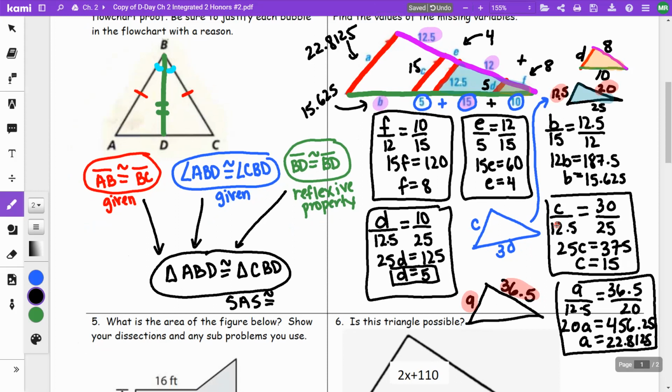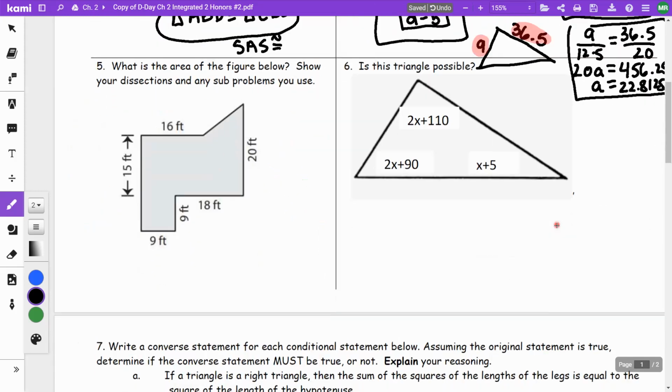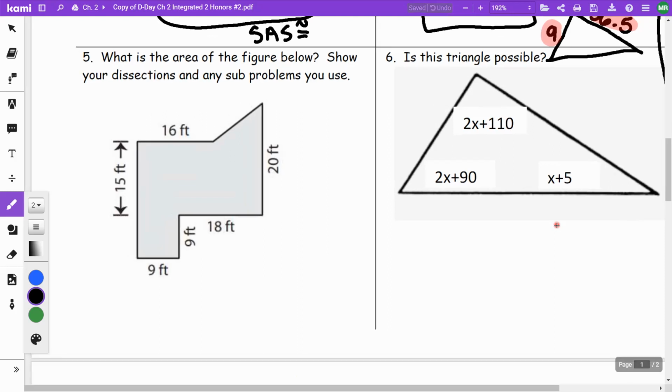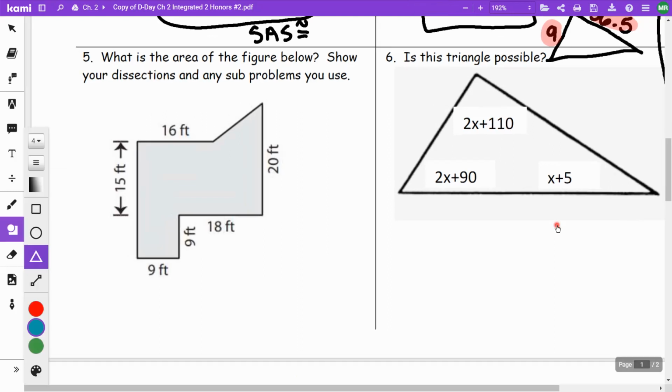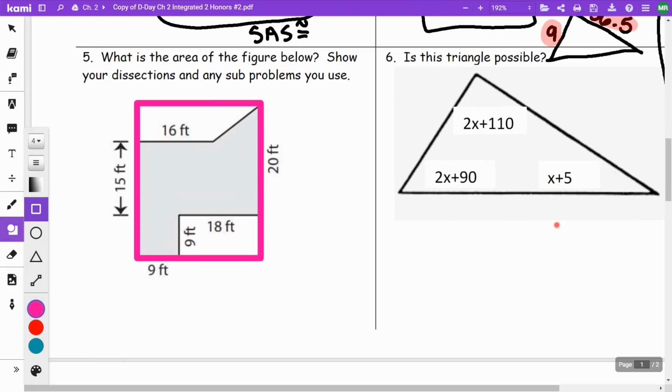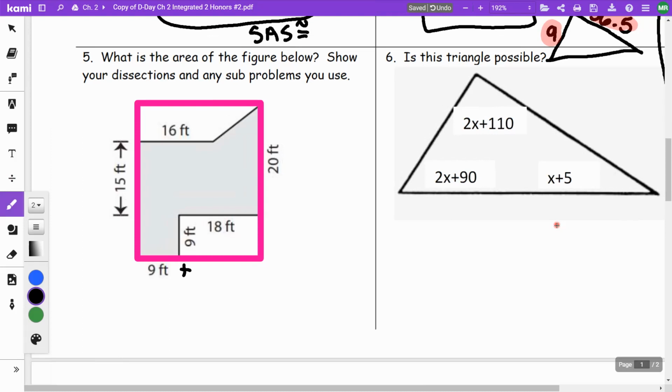On number 5, I'm going to make this into a rectangle. So I'm going to do that. And when I do that, this is going to become a 9 plus 18 across the bottom, which is going to be a 27.